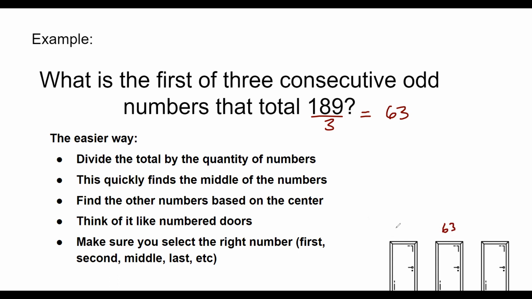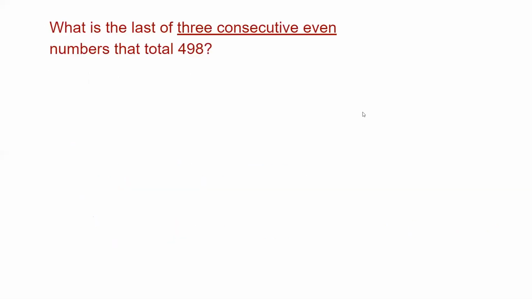So that must mean that the first one is 61 and the last one is 65. Do you see how we've already answered this question? The first of the three doors is 61. That's why I prefer this method. So now I'm going to go through a few more examples using only that simpler method.